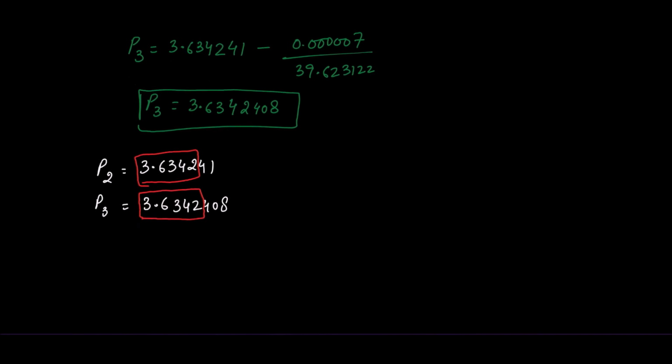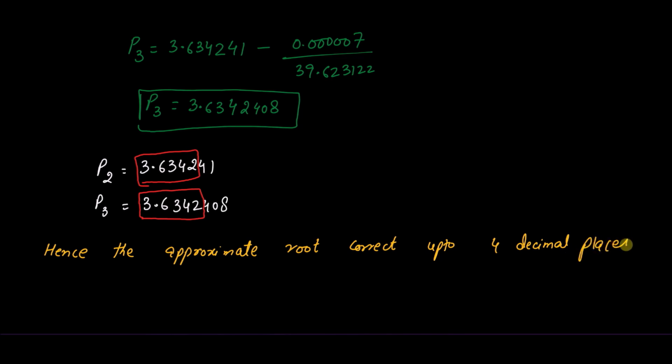So we can simply say that, hence, the approximate root correct up to 4 decimal places is P equal to 3.6342.